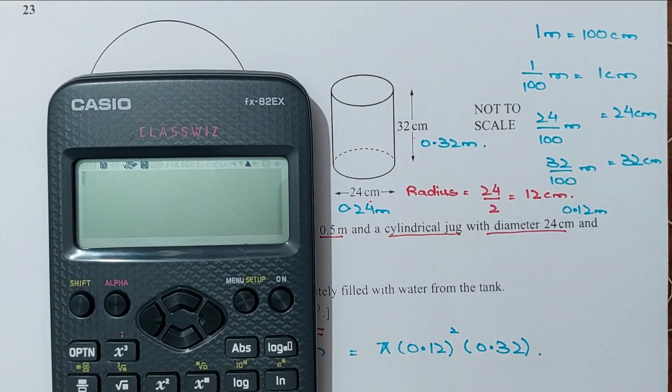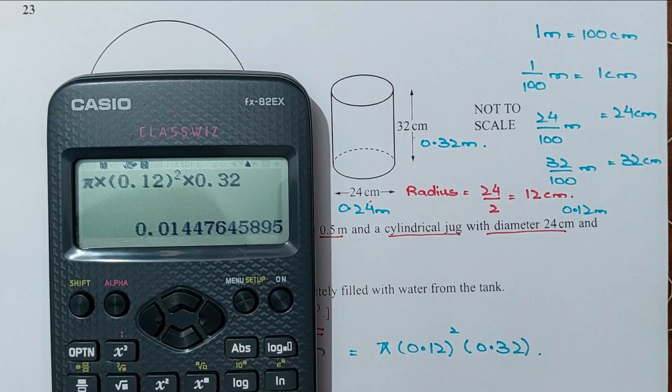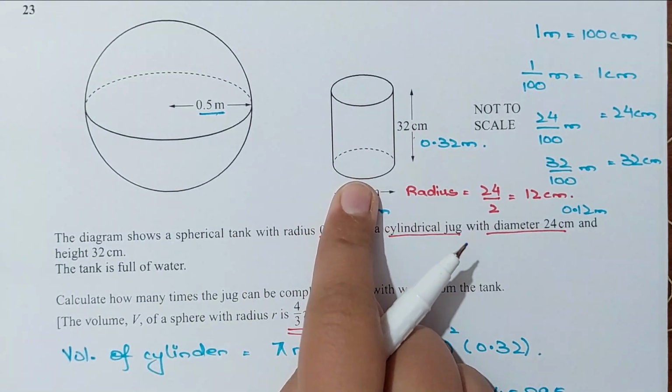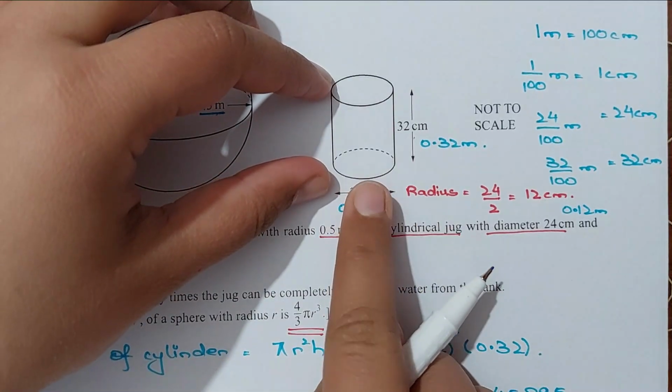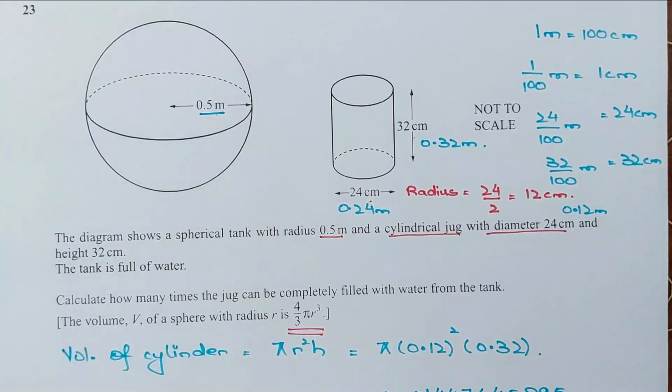So pi times 0.12 squared times 0.32 is 0.01447645895. This is the volume of the cylindrical jug. One time when the jug is filled, it contains this much volume, in meters cubed.